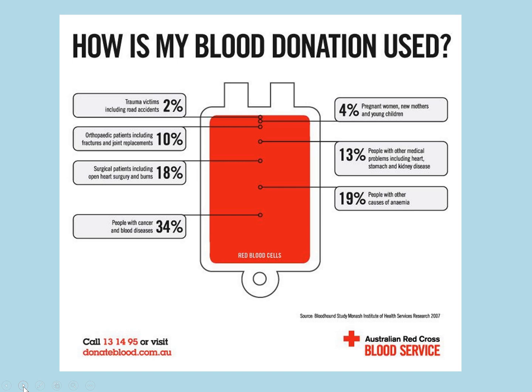So that's where I said they sometimes use the blood plasma to treat burns. 13% of it is used for people with other medical problems, including the heart, stomach and kidney disease. 10% is used in orthopedic patients, including fractures and joint replacements. 4% in pregnant women, new mothers and young children. And 2% in trauma victims, including road accidents.